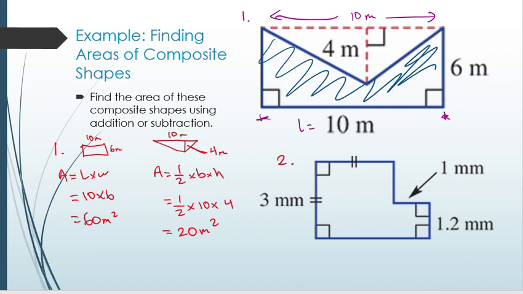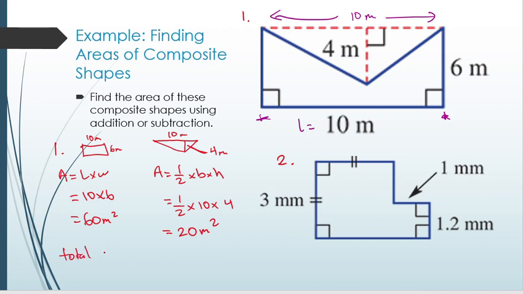Now, what we want is just this blue area only. So what I'm going to do is subtract the triangle from the rectangle. So total area is equal to 60 minus 20, which ends up being 40 meters squared. Okay. So pause the video here if you want the working out.